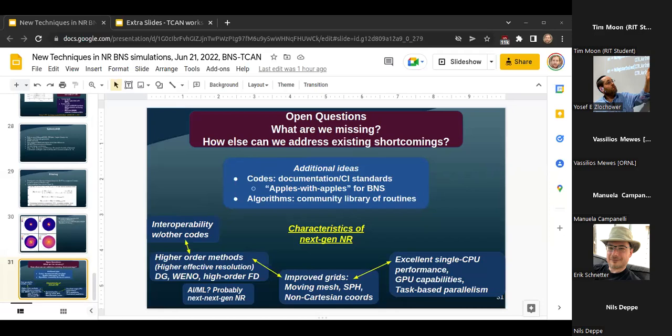How do we improve the codes? Which codes are performing better than the others, and how do we determine that? If anyone is willing to undertake this, it would be really valuable for this community.